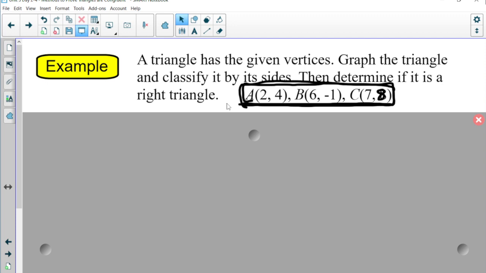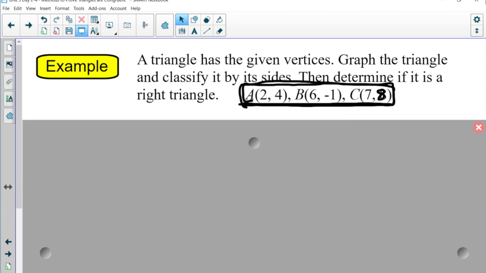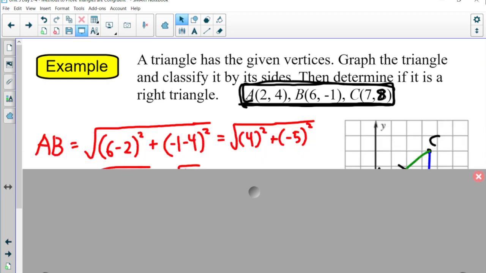All right, here we go. One thing you're going to see on this first formula is your negatives. So we've got x coordinate of B is 6 minus x coordinate of A is 2 squared.